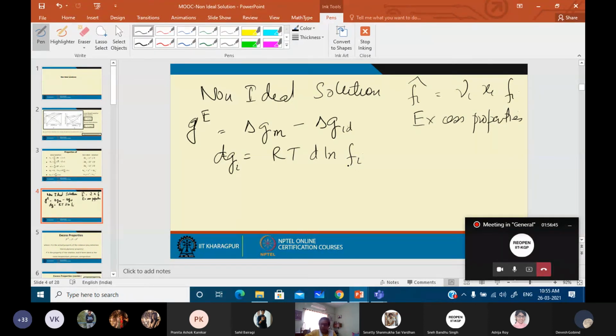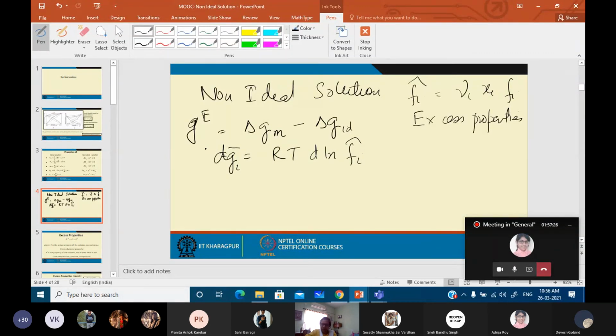For component i in the mixture, what does Gi become? The partial, perfect: Gi bar, with fi cap. Whenever a component i goes into the mixture, it loses its identity, but it contributes to the mixture in terms of its partial properties.